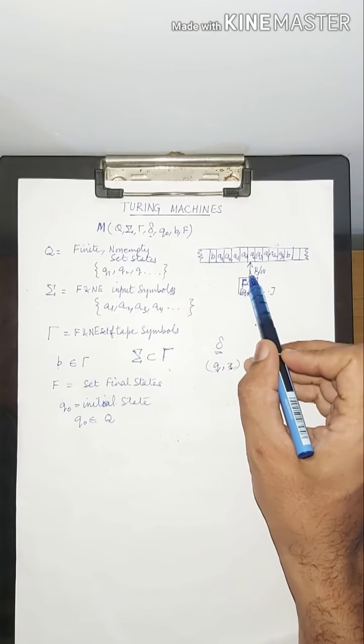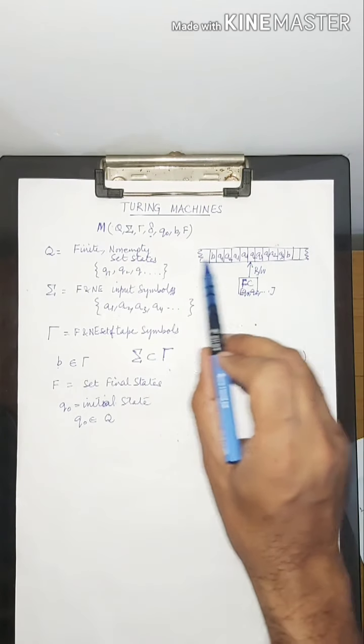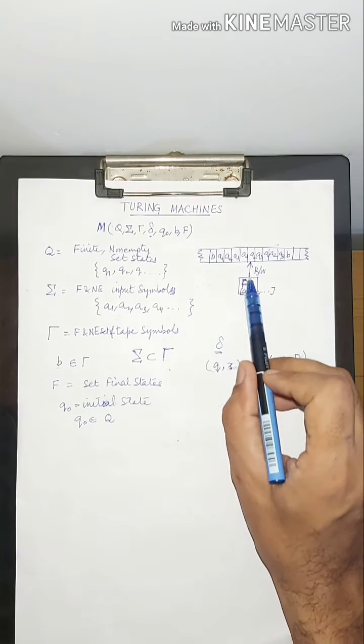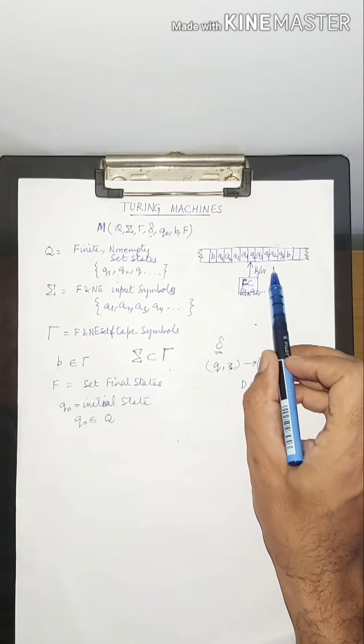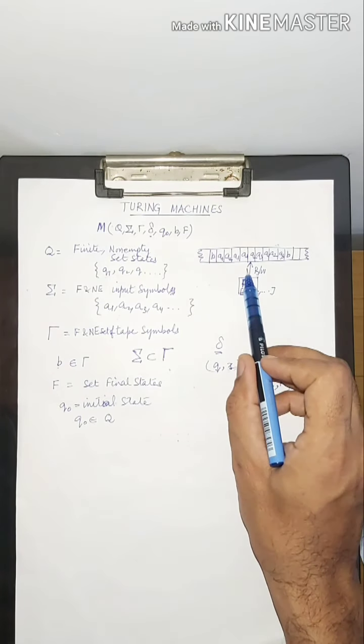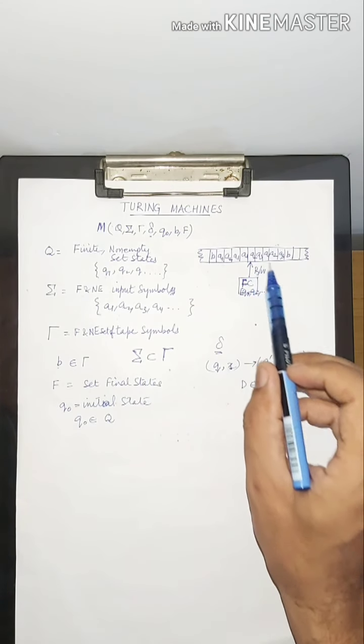Secondly, this read-write head has the option to move in either direction. It can move towards right or towards left also. Earlier, in case of FSA, this head moved in one direction only, that is the forward one. Now it can move in left and right, both directions.